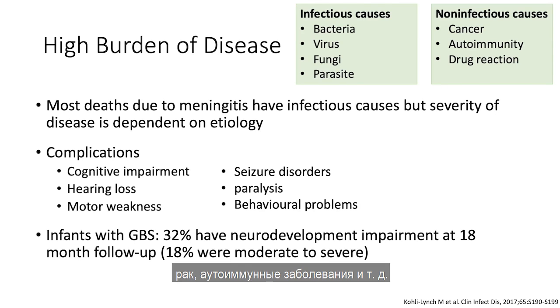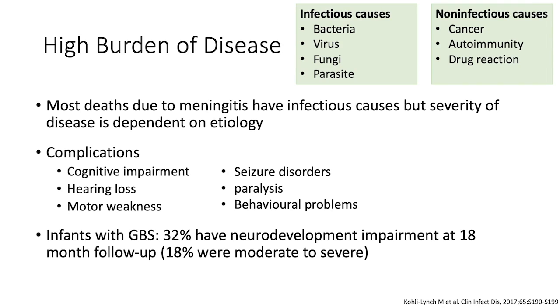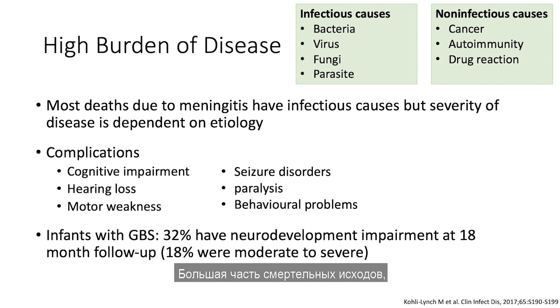The majority of the mortality associated with meningitis is due to an infectious cause, but the severity of the disease can be very dependent on the etiology, which is why it's important to identify the cause of the infection. Complications were mentioned by the previous speaker, so they are listed here.